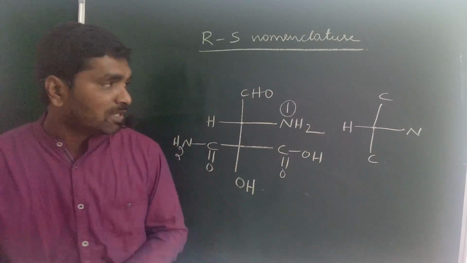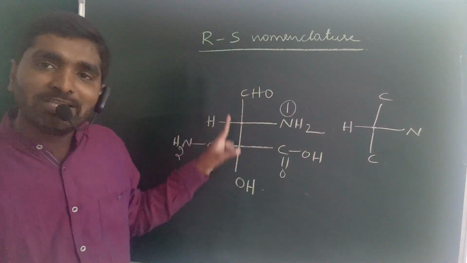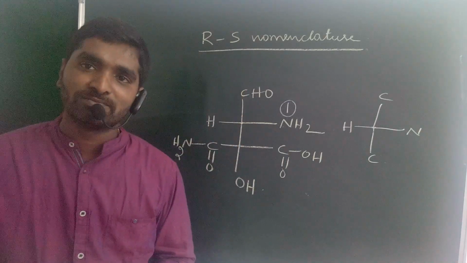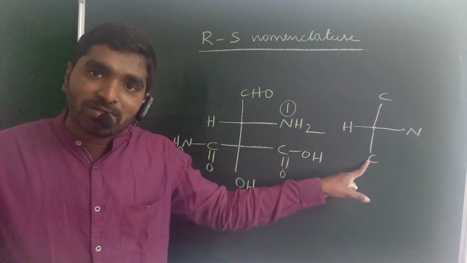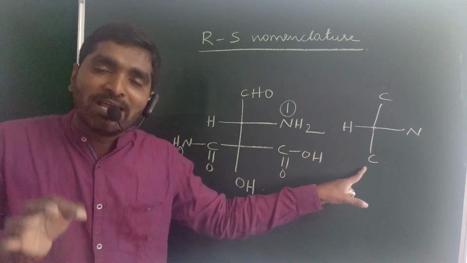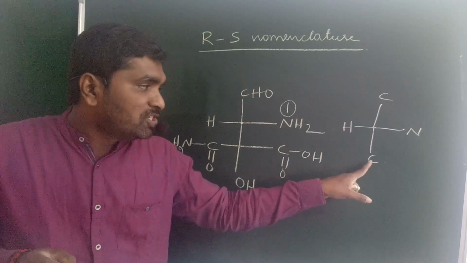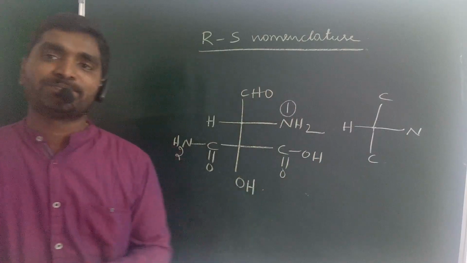Next, compared with hydrogen, carbon has the higher priority. But both are carbon atoms, so we can decide the priority depending upon the atoms present on the respective carbon atoms.